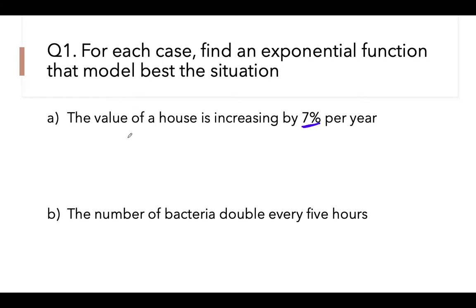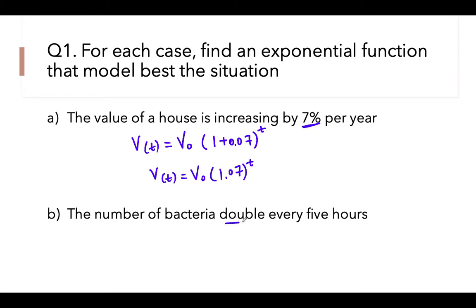So we could say V(t), the value of the house after the given time, is equal to the initial cost of the house times (1 plus 7%, which is 0.07) to the power of the given time. So V(t) is equal to V0 times 1.07^t.